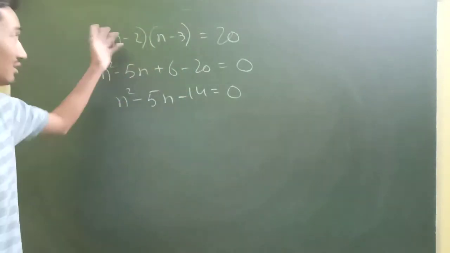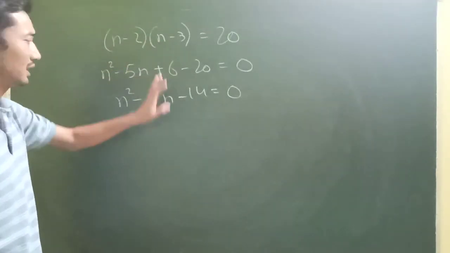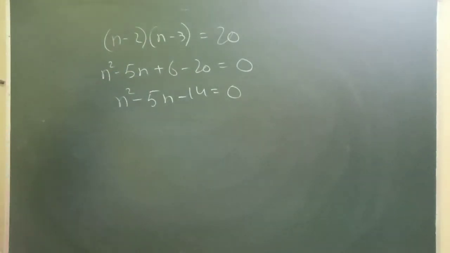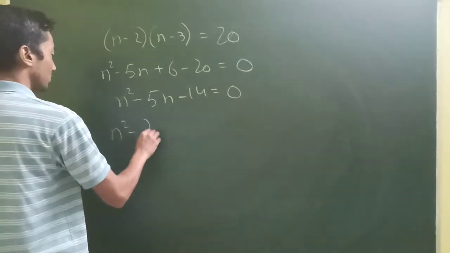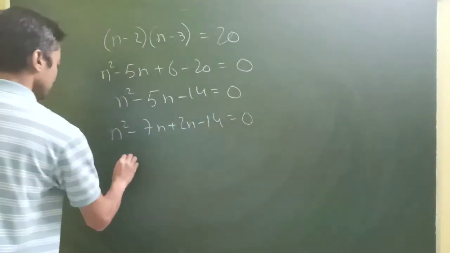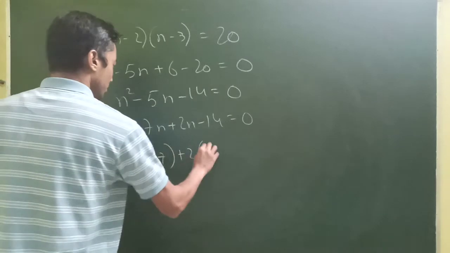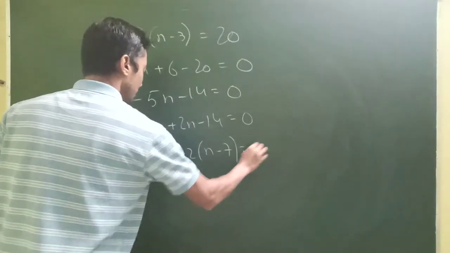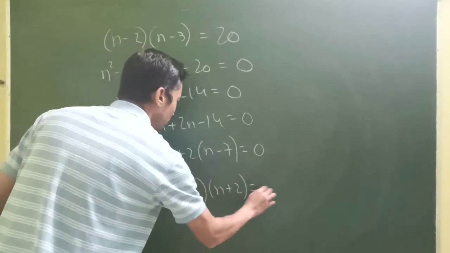Now here, of course, I did not show you, this is already in class 11, so I believe you understand multiplying and solving. So you will have n square minus 5n minus 14. Factorizing this, n square minus 7n plus 2n minus 14, which is (n minus 7)(n plus 2).